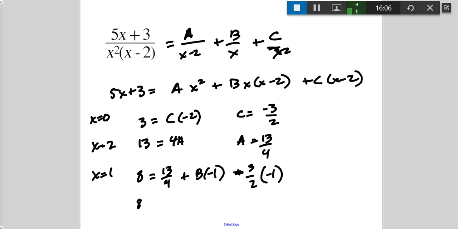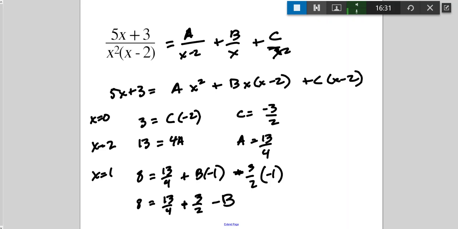So we have 8 equals 13/4 minus 3/2 minus b. Now we just have to solve this for b. Okay, so this is a negative 3/2, not a positive 3/2.